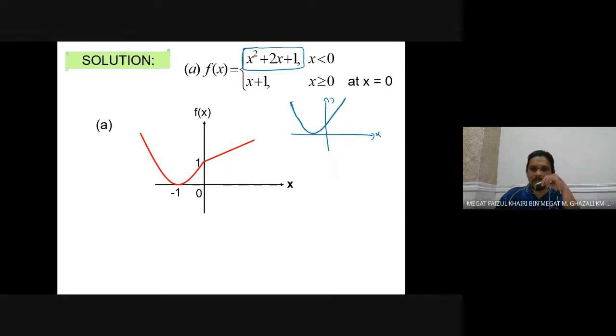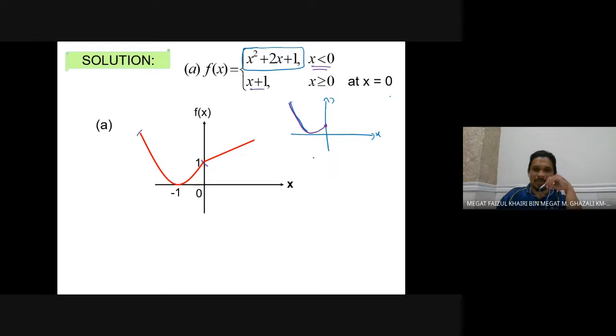But because we limit the domain for x less than 0, it starts from here to here. So from here to here is the graph for x squared plus 2x plus 1.